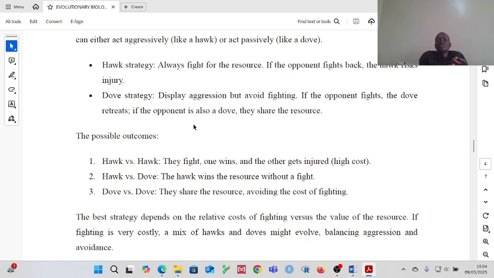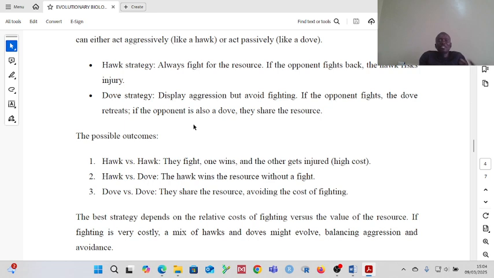So it means the hawk will take it without fighting, because the dove is not fighting for it. Okay, in the case of a dove versus a dove, they will end up sharing the resource, which is a good thing. But equally, they are avoiding the cost of fighting.